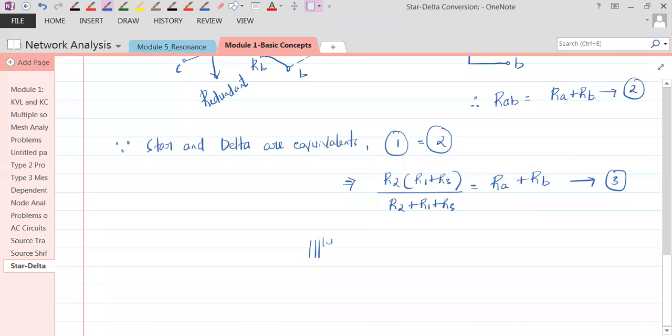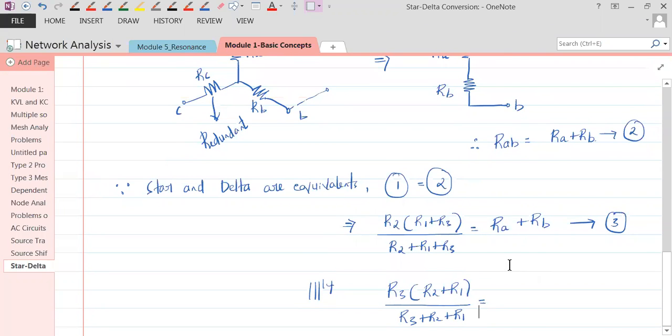Similarly, you can deal with the other two terminals. Similarly, R3 into R2 plus R1 divided by R3 plus R2 plus R1 equal to what? This would be equal to RB plus RC.